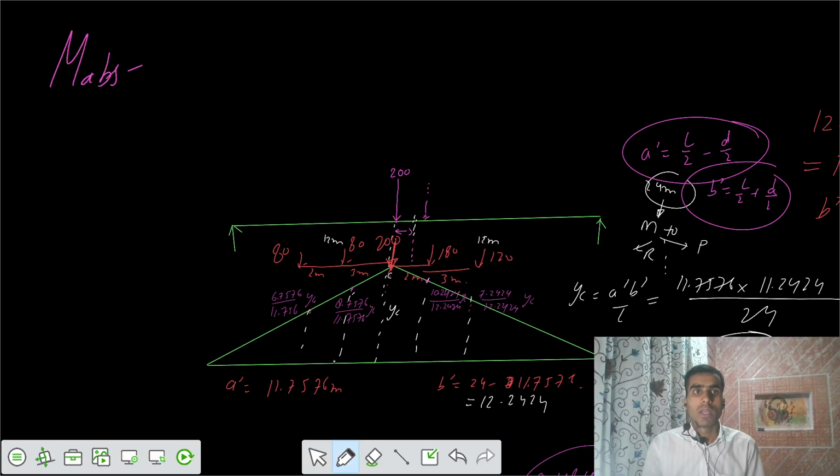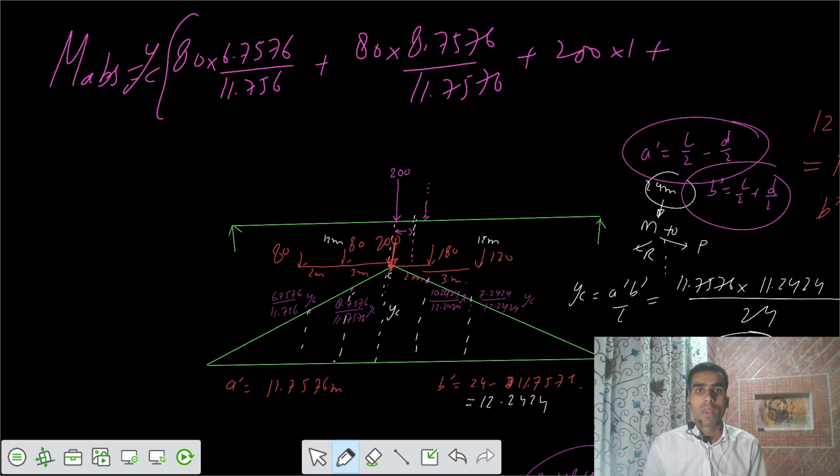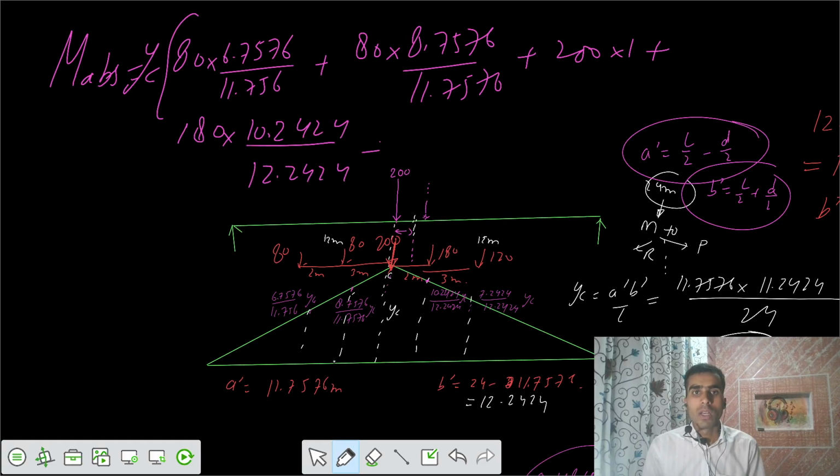M absolute is equal to 80 into 6.7576 divided by 11.7576, and you keep the YC outside, plus one more load of 80 into 8.7576 divided by 11.7576, plus 200 into 1, plus from the other side we have 180 into 10.2424 divided by 12.2424 plus 120 into 7.2424 divided by 12.2424, and entire multiply with YC.